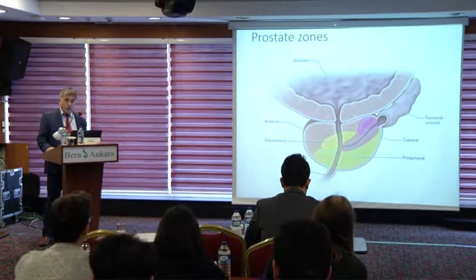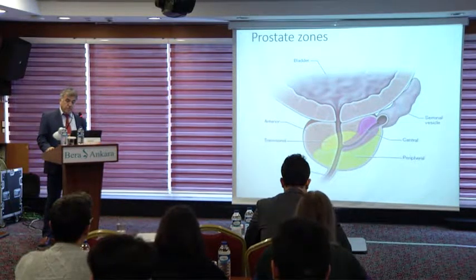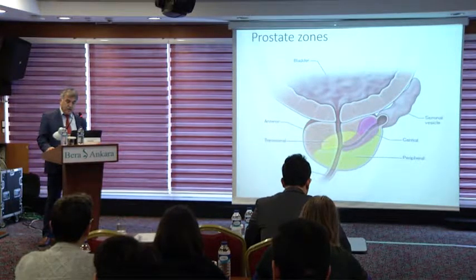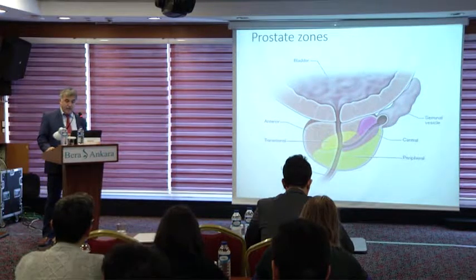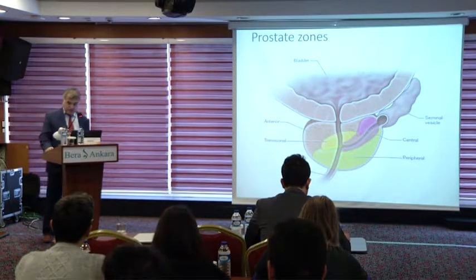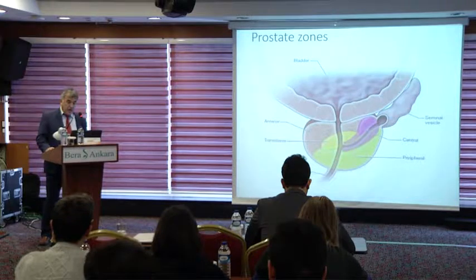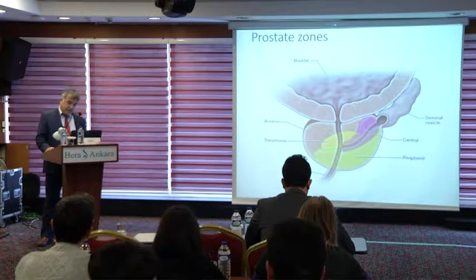It surrounds the ductus ejaculatorius. Ductus ejaculatorius brings semen from the vesicula seminalis and testis to the urethra. The anterior fibromuscular stroma normally does not have much glandular tissue, and it extends to the external striated sphincter.